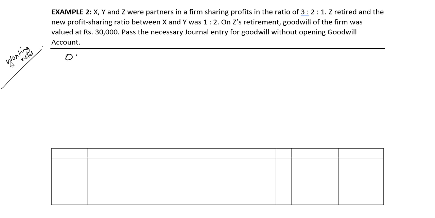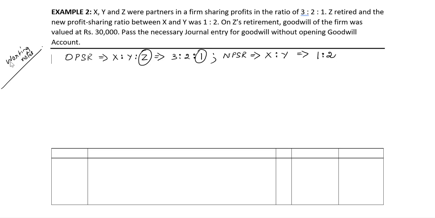As per the problem, old profit sharing ratio between X, Y and Z is given as 3:2:1. Z retires. Further, the new profit sharing ratio between X and Y is given as 1:2.